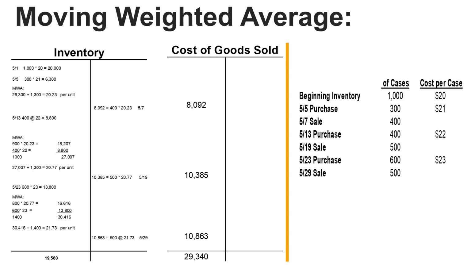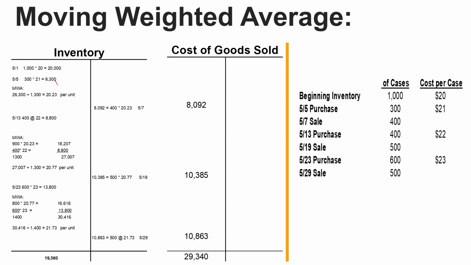But what I am going to do here is periodically calculate some kind of average cost previous to any sale of goods, because when I sell any inventory, I want to apply what represents an average of all the inventory that we own or possess up to that point in time. And so let's go ahead and take a look at this. Again, we had a beginning inventory of 1,000 units at $20 or $20,000 total cost.